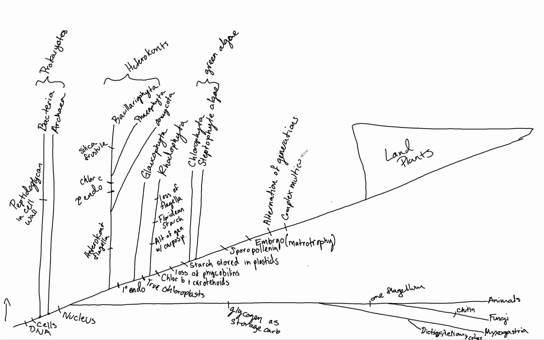So while we have unicellular red algae, unicellular green algae, and multicellular green algae, all of our plants are going to be multicellular, and they're complex because they have tissues and multicellular gametangia. So gamete producing structures.